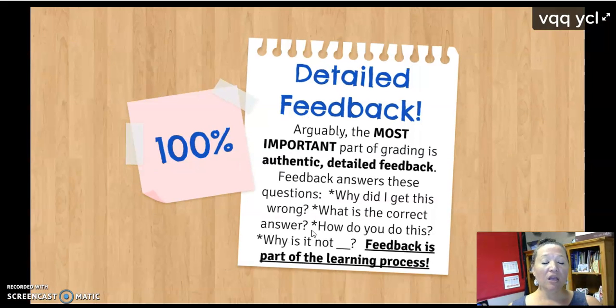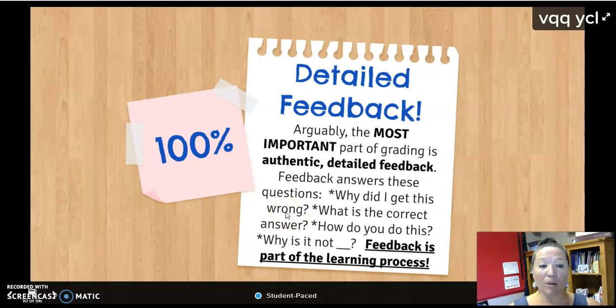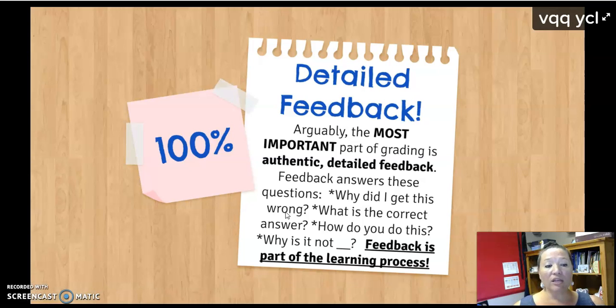Here is the most important part of grading: feedback, input, giving the students the feedback they need to be able to make improvements. So here is where you answer the questions, or give them the opportunity to know, why did I get this wrong? What is the correct answer? How do you do this? Why is it not?